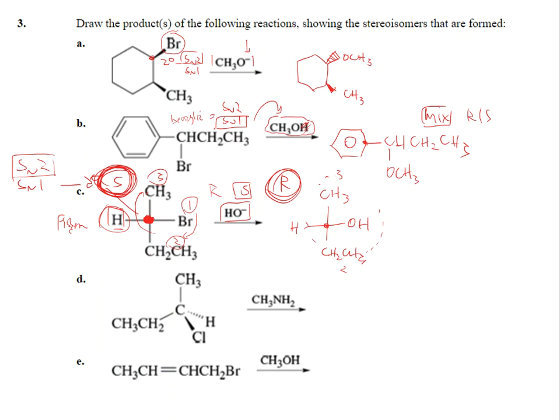That is a clockwise rotation that normally would be R, but because hydrogen is in the horizontal fashion, I need to pick S. It's still S. This is still an S form. Well, I need to go through and I need to make sure that I represent the other. I need to represent R because Walden inversion. The only way that I can do that is if I pick 2 of these groups and just flip them. That's all I need to do.